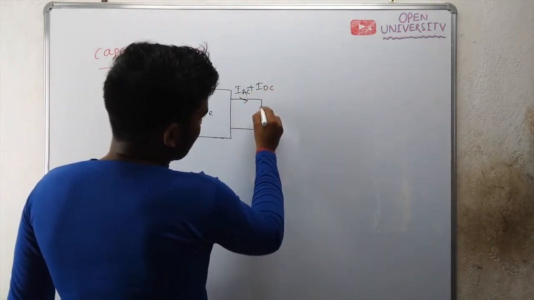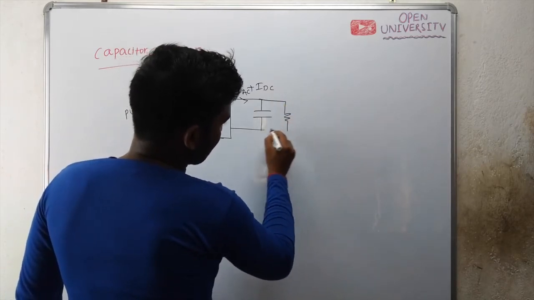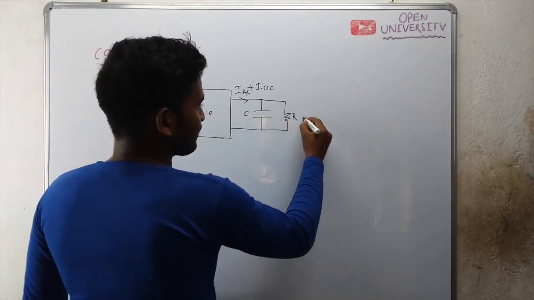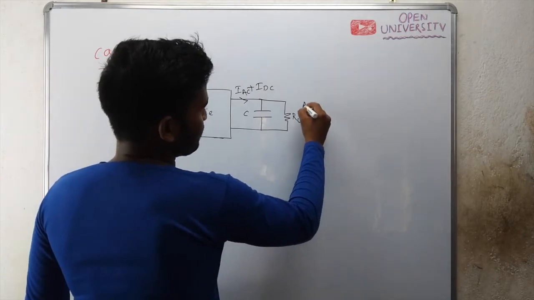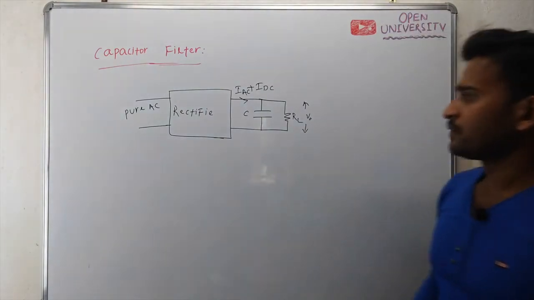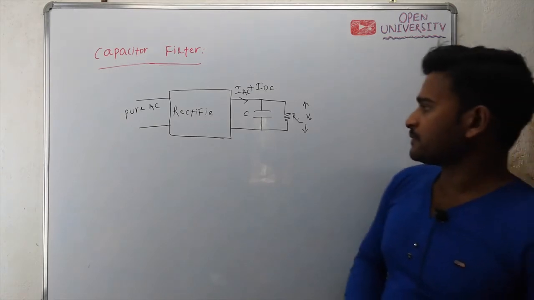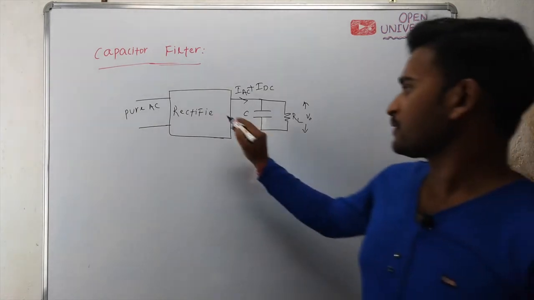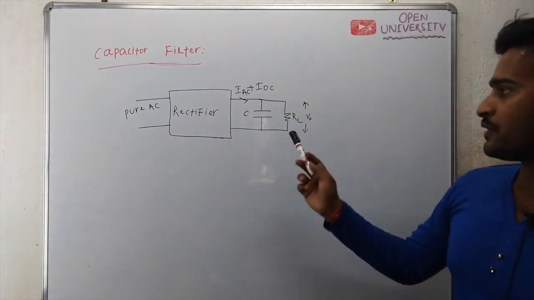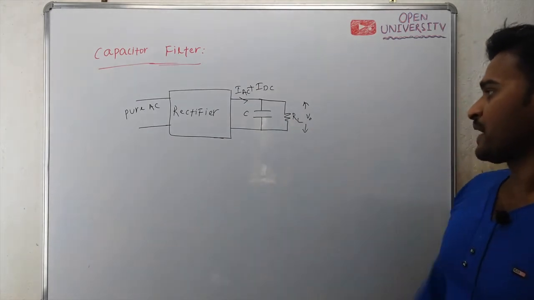Now if you connect a capacitor filter this way, by connecting a large capacitor in parallel with RL, this is the capacitance of the capacitor and this is the RL. This is your capacitor filter. Draw this diagram, rectifier. So the AC component can be removed by connecting a large capacitor in parallel with RL.